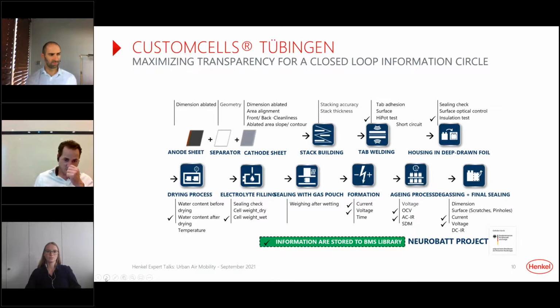These are from one project we are currently working on, where we store this information in the BMS. These are examples of the information we are currently tracking and bringing into the battery system. So after you have the end of life of the battery system, you still have this data, and you can continuously work with it and analyze why, for example, cell number 543 failed, or why it swelled too much, or why it delaminated, and so on.